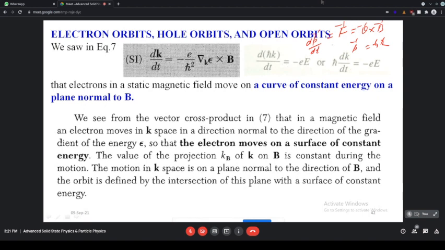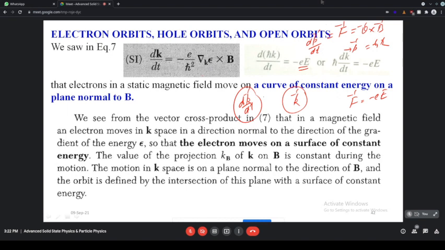If you are applying an electric field, then this force can be written like this. In case of a magnetic field, that is this. In case of an electric field, the force acting is equal to this, and momentum is equal to this. And the direction of k, what will be the direction of k? We can say dk by dt.